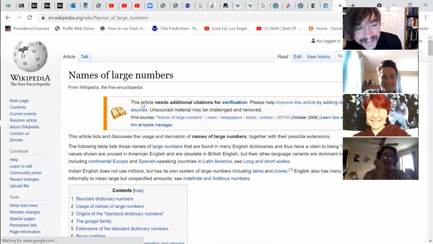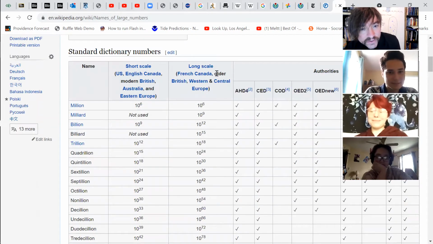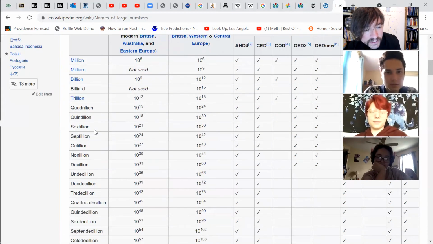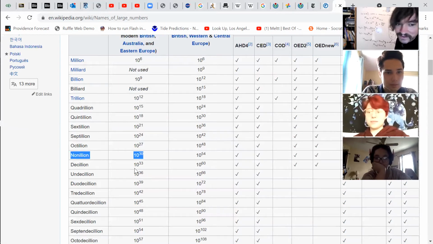It's actually different if you do British versus the US versions. A nonillion is how Americans would say it. That would be 54 nonillion cubic centimeters. Whatever the heck that is.